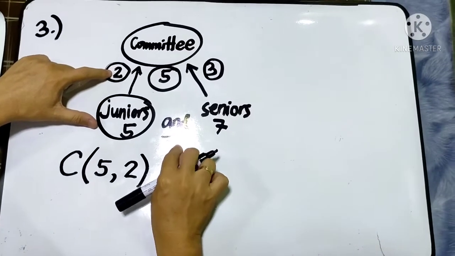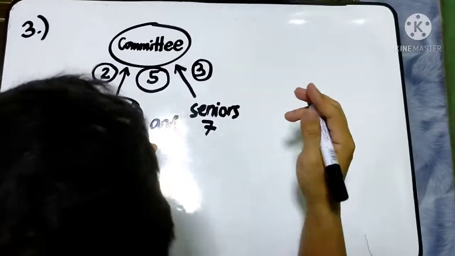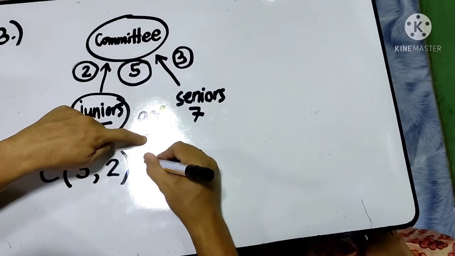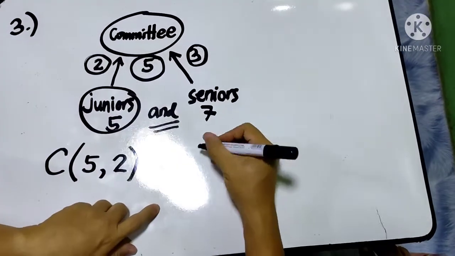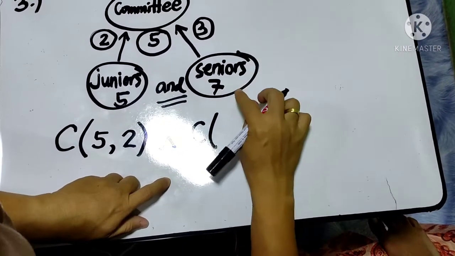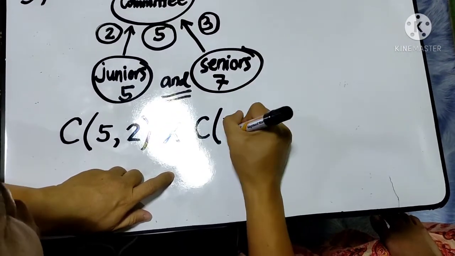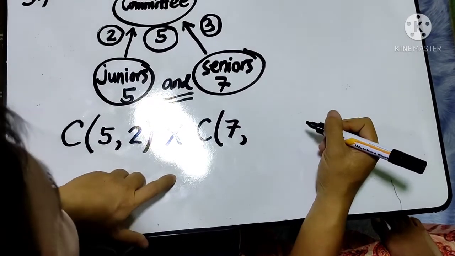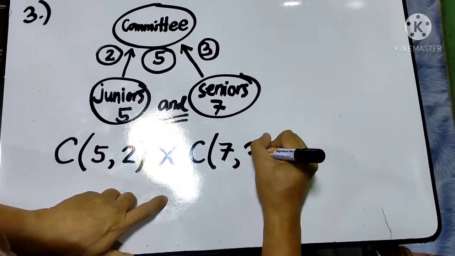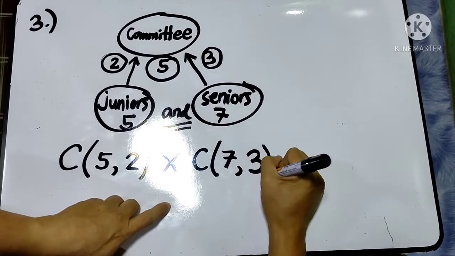And, ibig sabihin, kailangan mo yung isang grupo para makumpleto yung task. You're going to put here times the combination of, ilan yung seniors? Meron tayong 7. Ilan ang kailangan nating kunin sa seniors? 3. So, combination of 7 taken 3.